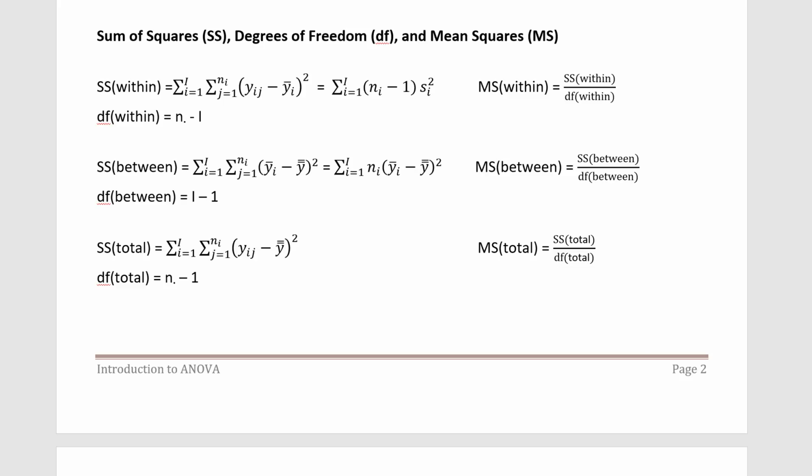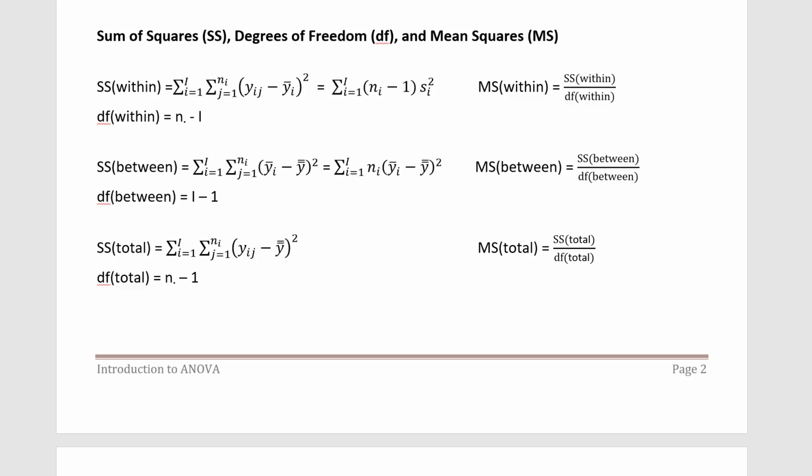All right, so the sum of squares within is the within group variability. That is the natural variability within a group, the natural variability attributed to just weight gain in general. So within a group, the way we're looking at that is y_ij minus y bar i, the jth observation in the ith group minus the sample mean for the ith group, squared, and then summed over all the groups and all the observations.